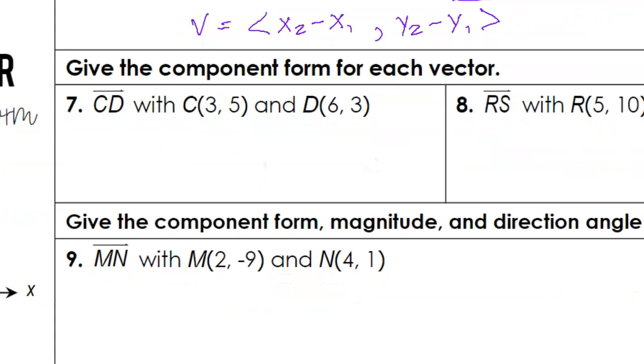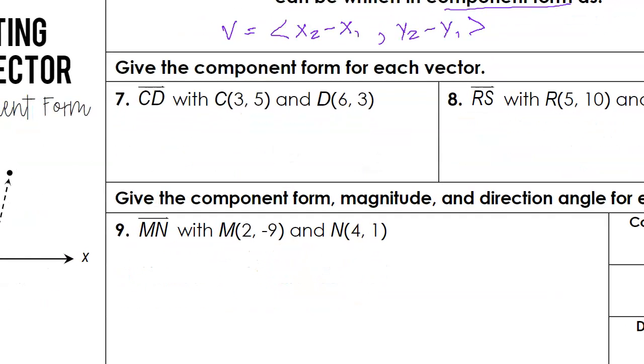So let's quickly try it. Let's find the component form for number 7. Now I'm going to label it one last time: x1, y1, x2, y2. Take these values. x2 is 6, minus x1 is 3. y2 is 3, minus y1 is 5.